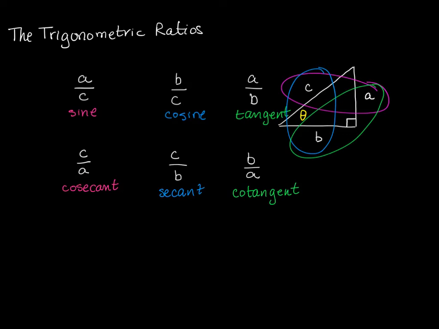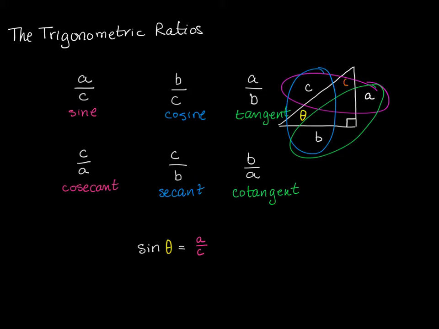So now I can say that the sine of the angle theta is A over C. Why is that important?